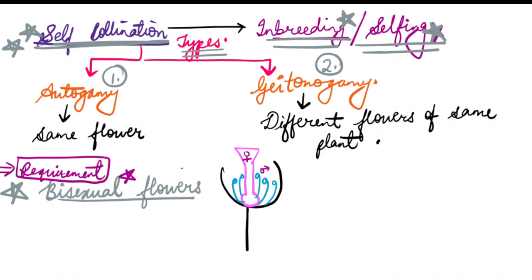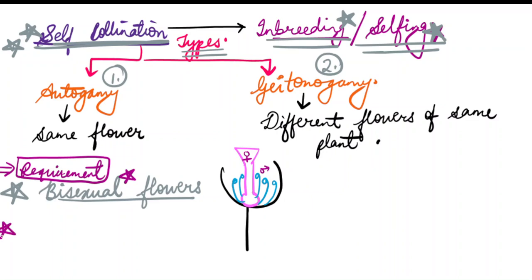Now next part. Suppose the flower is a closed flower, meaning it has not opened. Before opening only, the flower has undergone self pollination.